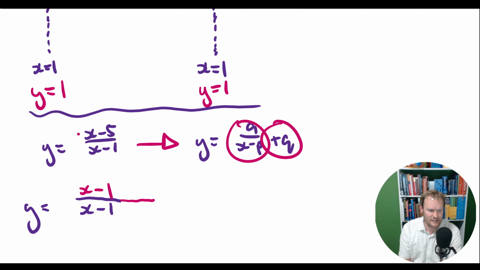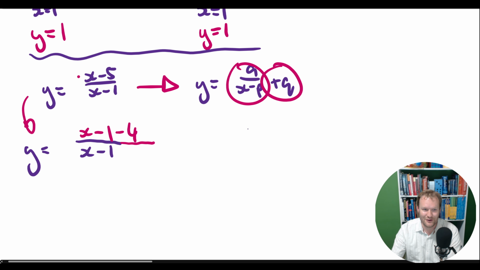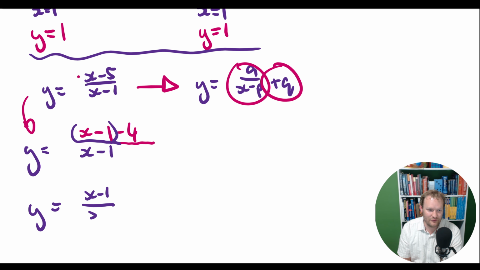And that's not quite the same as the original numerator. We'll have to subtract 4. Now those two are exactly the same, right? Y equals x minus 5 over x minus 1 is the same as y equals x minus 1 minus 4 over x minus 1. Now, what's great about that is that we can split that into two fractions. So we can imagine this is the same as x minus 1 over x minus 1 minus 4 over x minus 1.